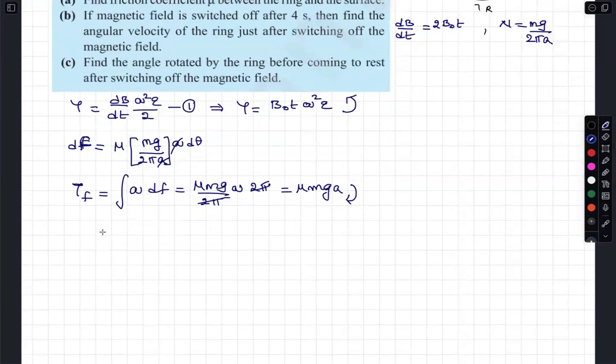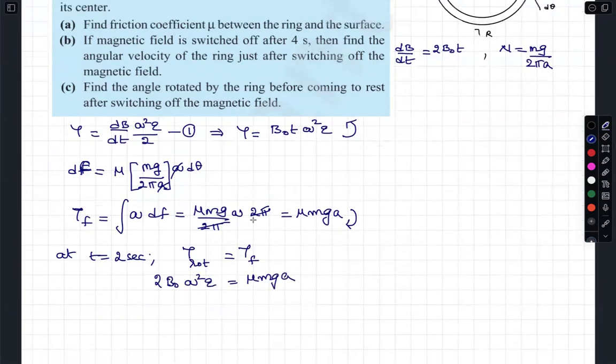At some point of time, t equal to 2 seconds, the rotating torque balances with the torque of friction. Which means 2B naught a square q equals mu mga. What do you want?